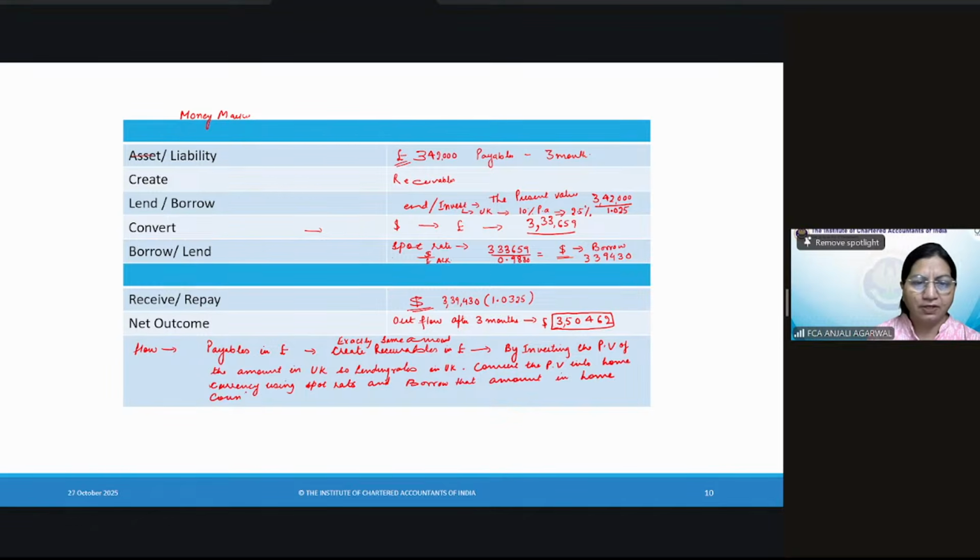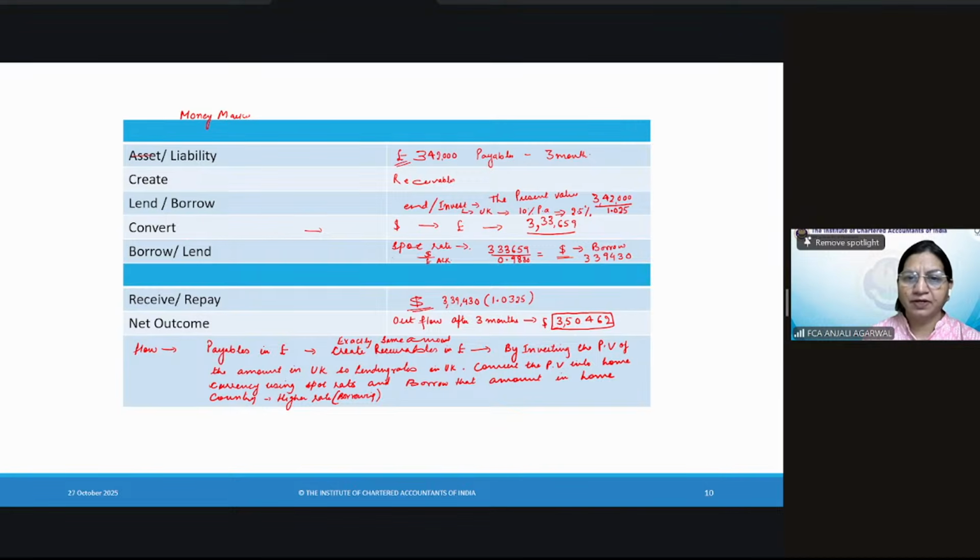So when you are borrowing, borrowing rates would be applicable. So you will borrow these many dollars today in the US market. Applicable rate would be 13%.